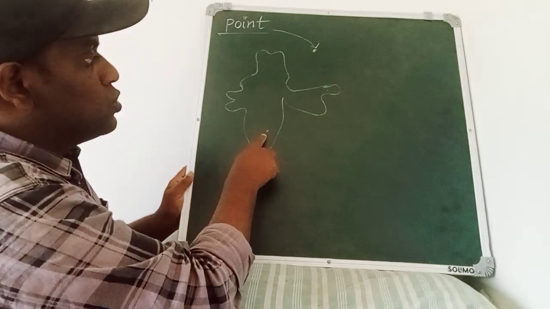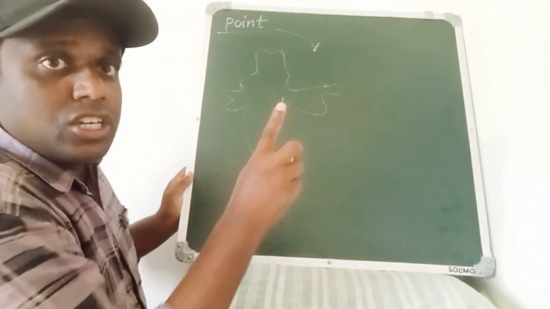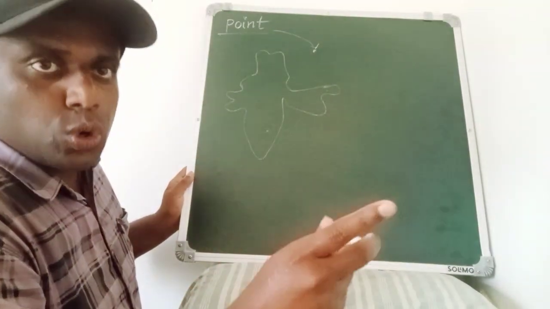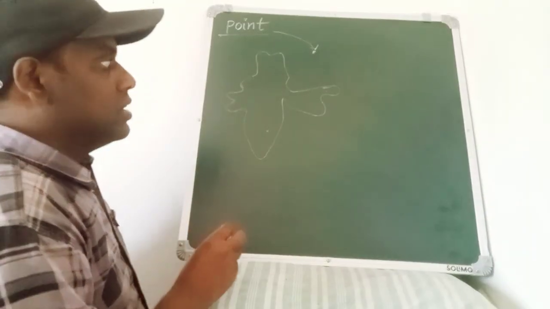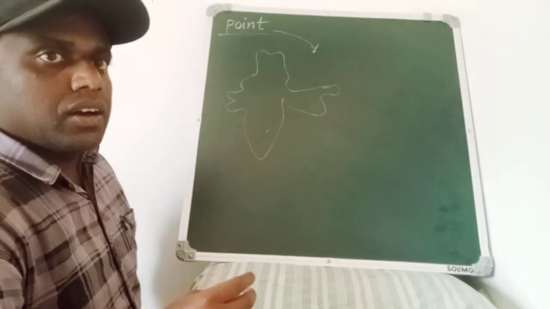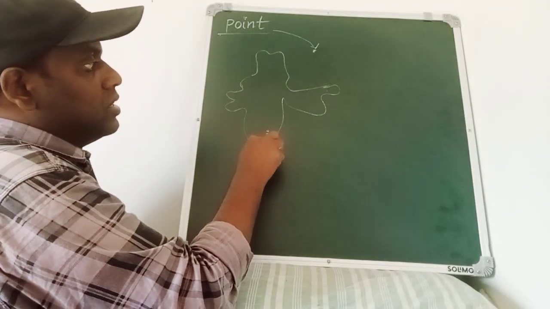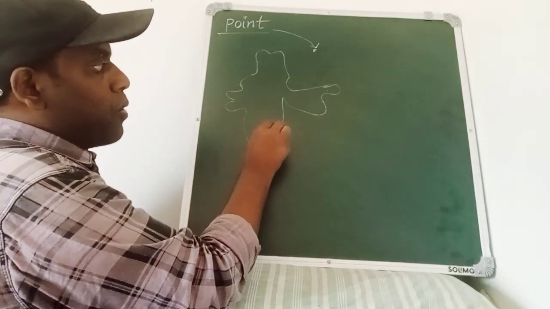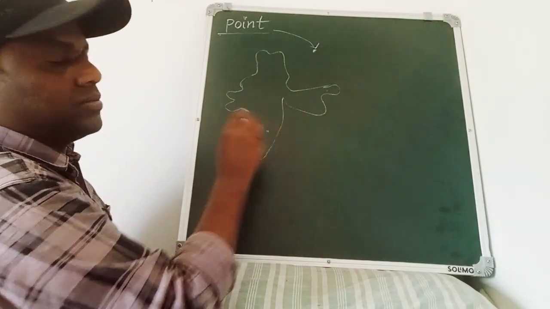So that means what? This point is used to show location. Now this means here is Karnataka. I have put a point here, so I am telling them Karnataka state is here.